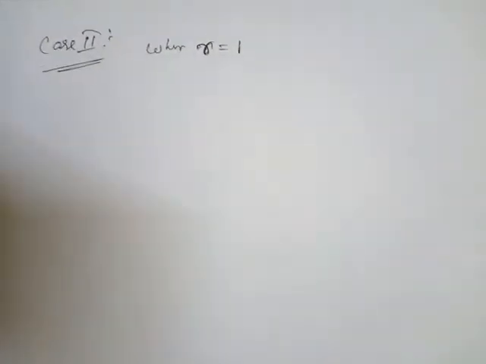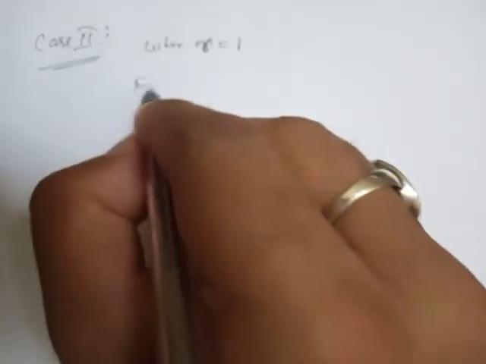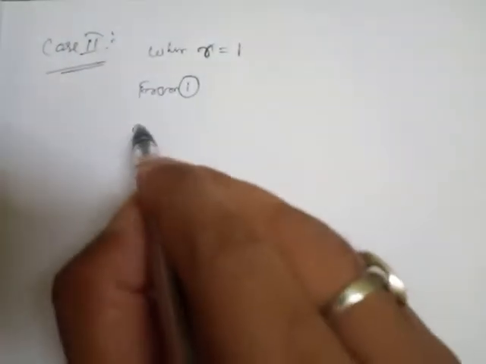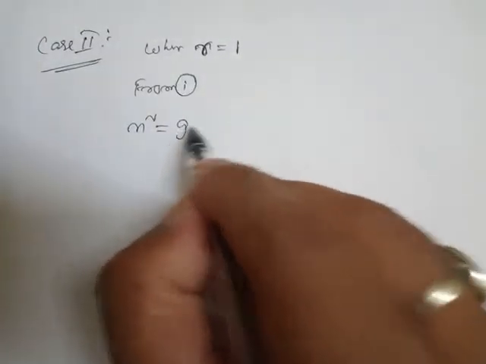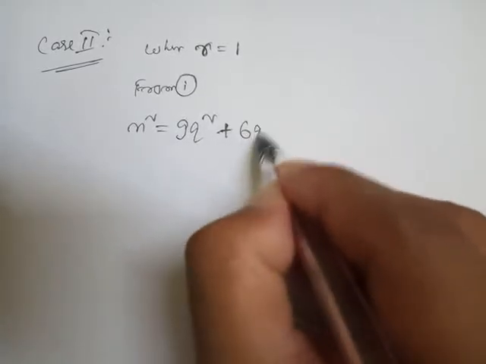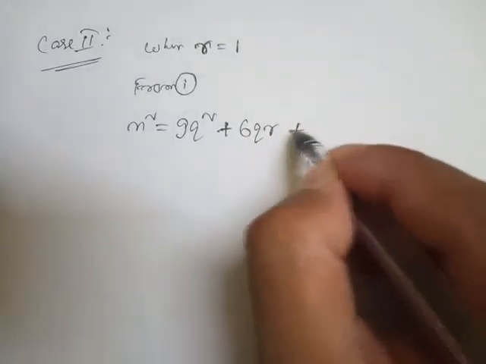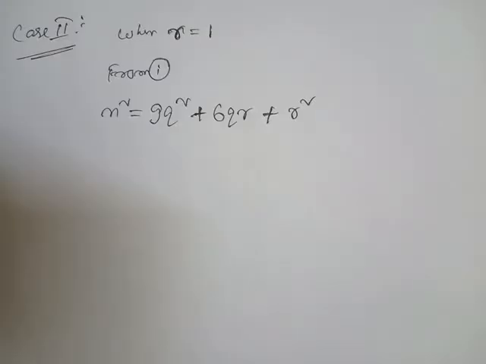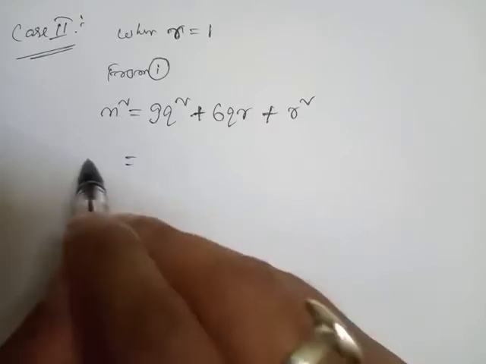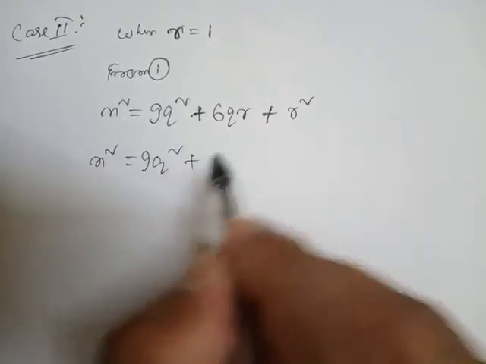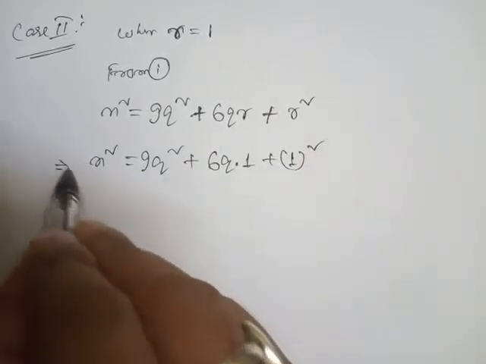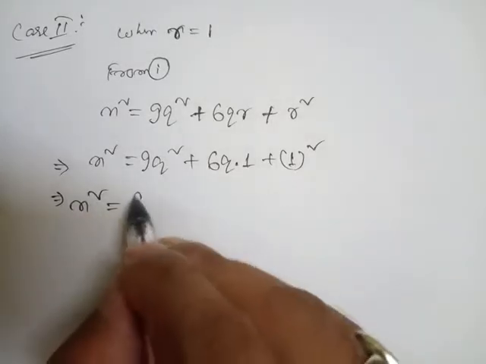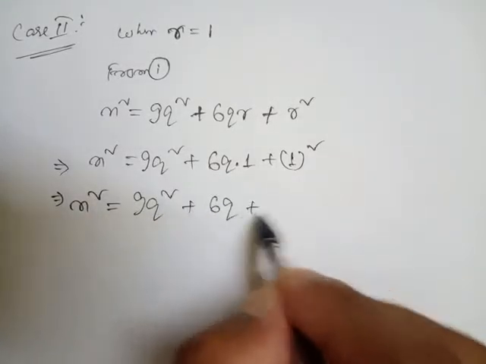When r equal to 1, from 1 we'll write n square equal to 9q square plus 6qr plus r square. Now since r is 1, n square equal to 9q square, then 6q into 1, then 1 square. In the next step, n square equal to 9q square plus 6q plus 1.